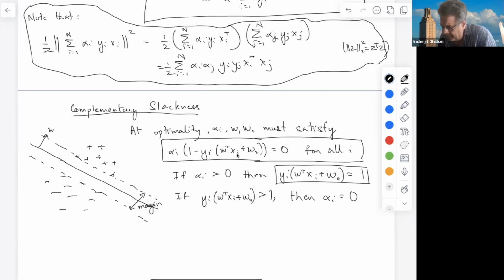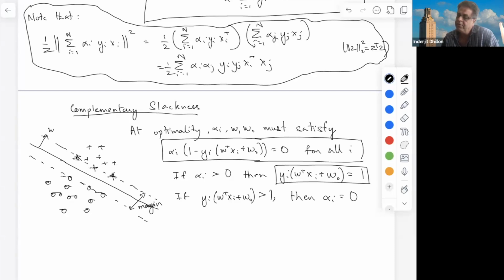There are some pluses over here. Now let's look at this condition: if yi times W transpose xi plus W naught equals 1, this means that this xi is right on the margin. It's right here.